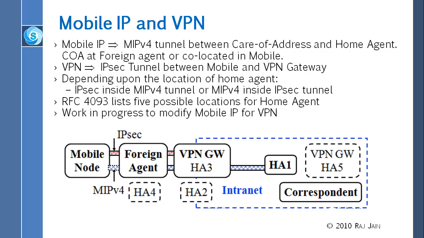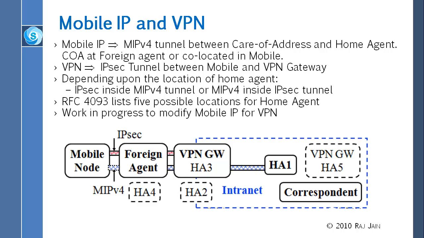So you have a two-step process. First of all, you need an IPsec tunnel between yourself and the VPN gateway. And then basically the VPN gateway has to talk to the home agent.